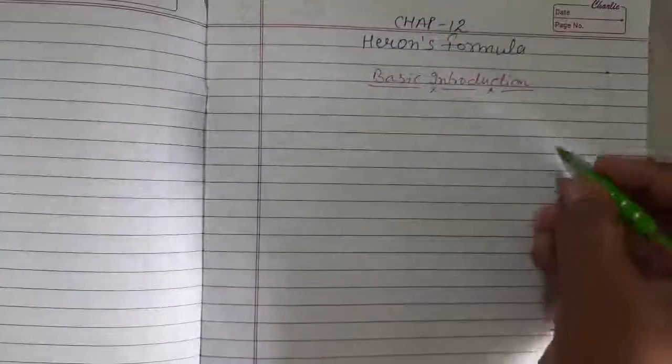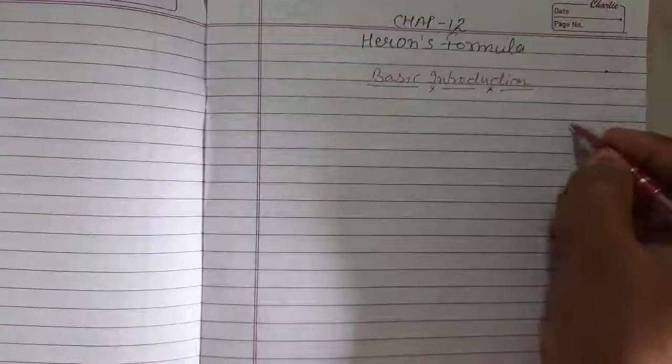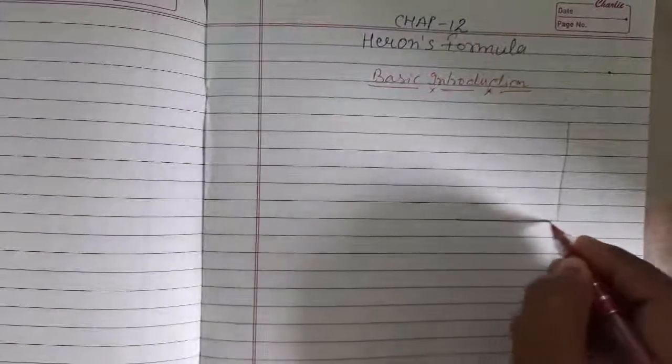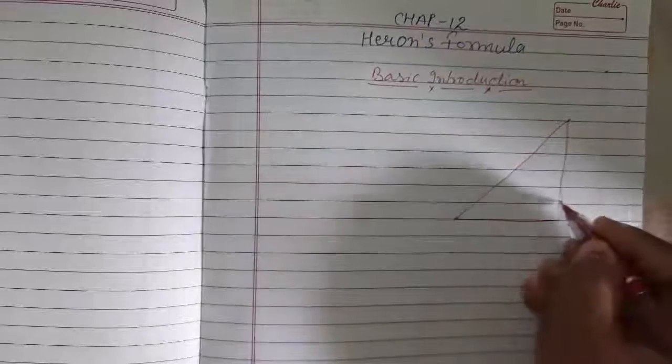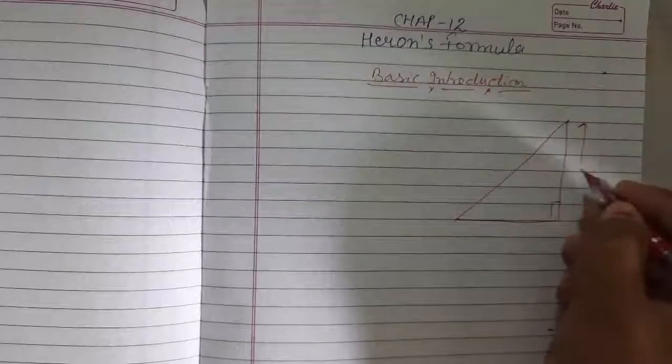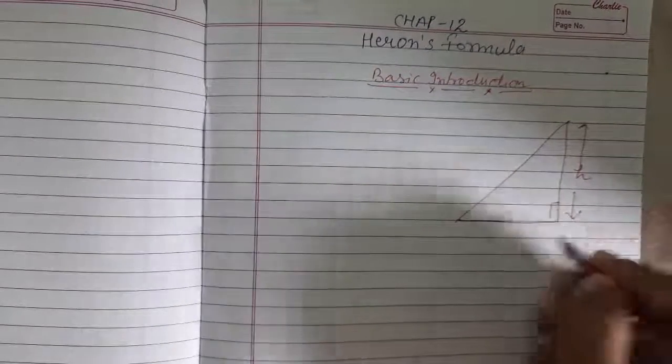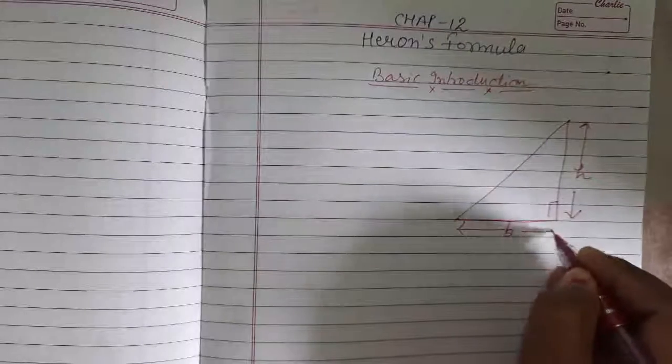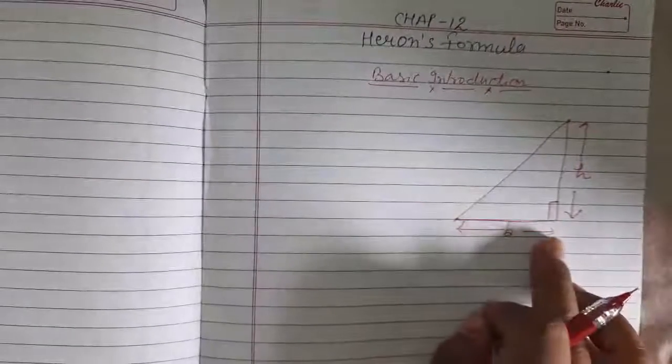area formula of triangles. So suppose we have a right angle triangle, its height is given to us and base is given to us, and one angle of it is 90 degrees.